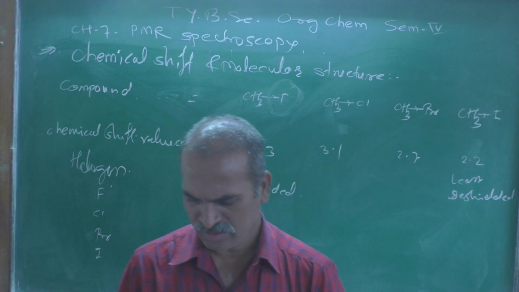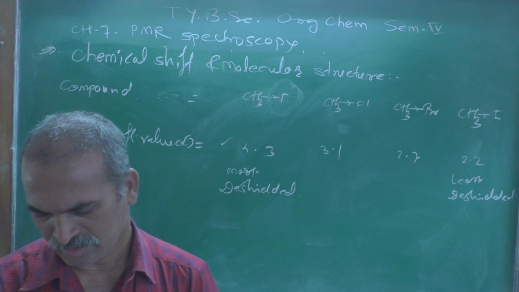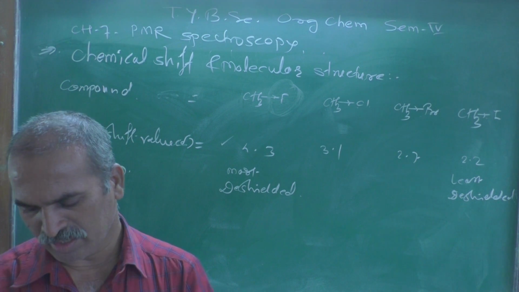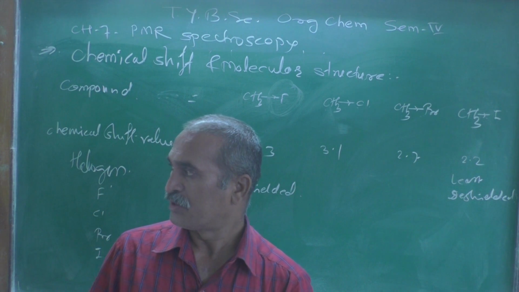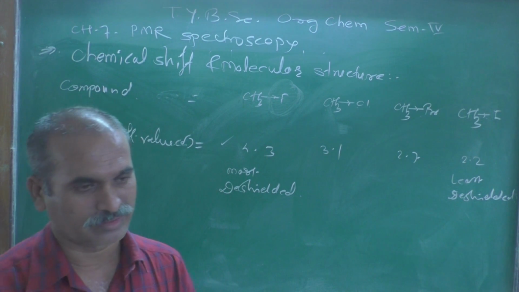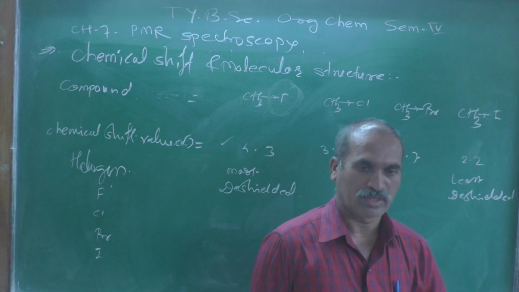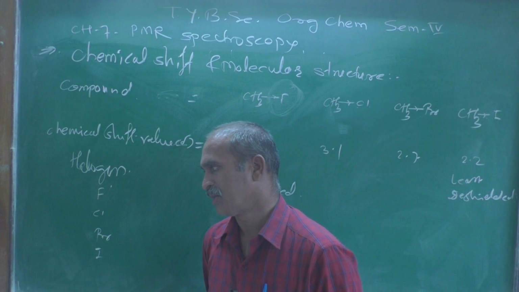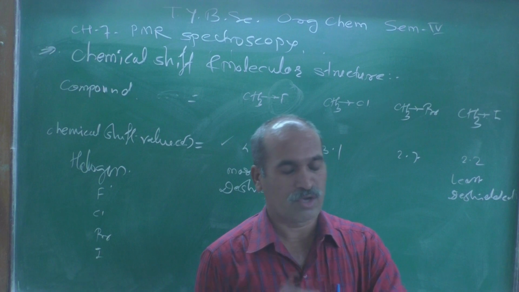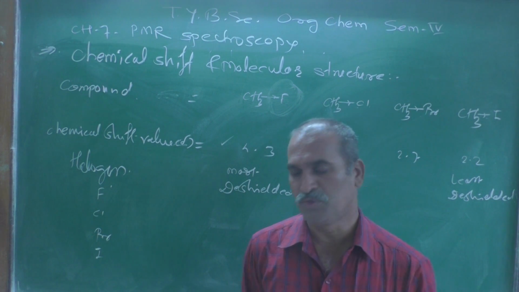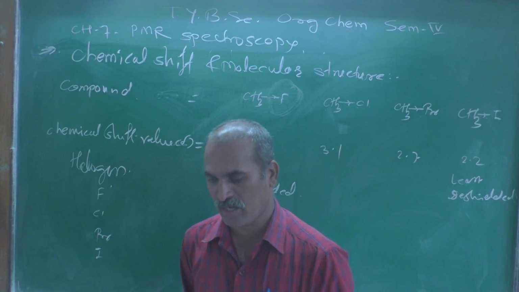I think next time we will discuss more about chemical shift and molecular structure by taking different examples, and we will try to learn how chemical shift values are different for different molecules and how this will help in the future while elucidating the structure of organic compounds.